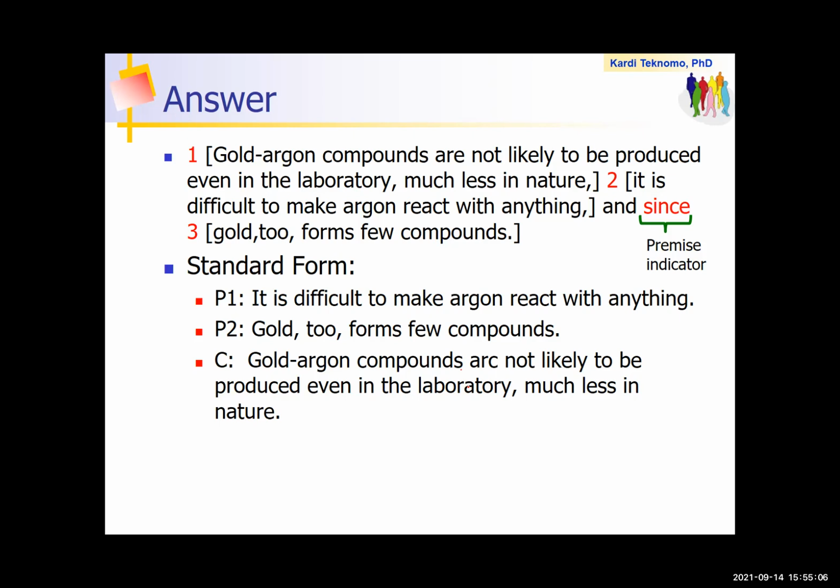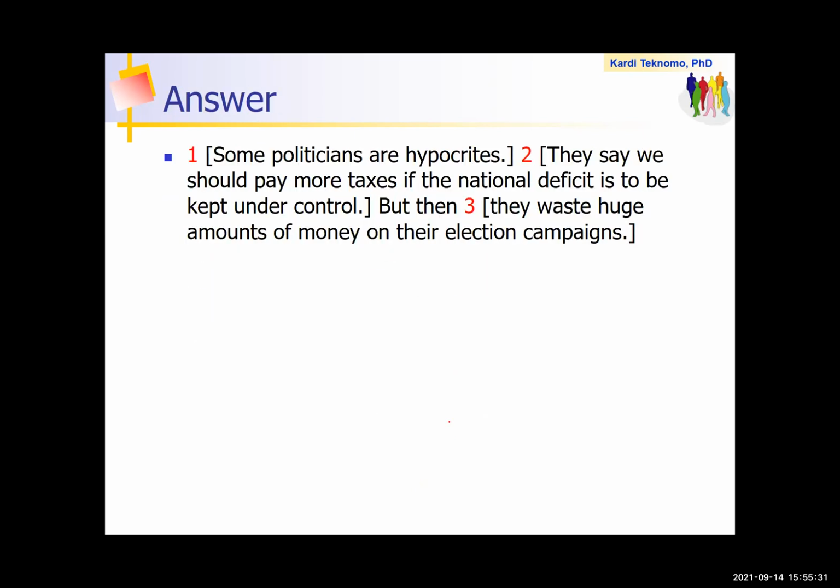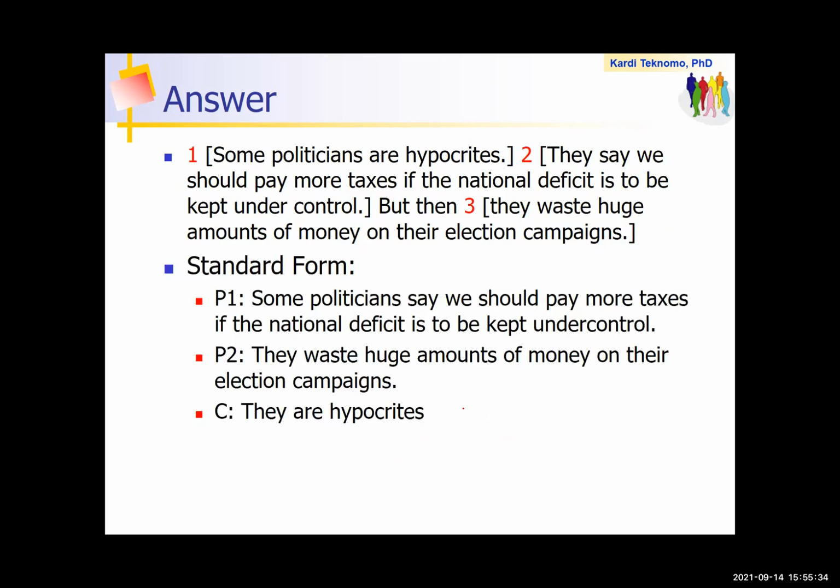So you have 2 and 3 become number 1. So you make an argument diagram: 2 and 3, conclusion is number 1. Same as earlier.